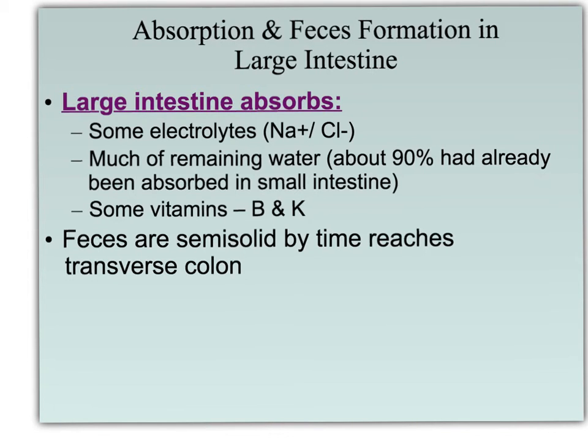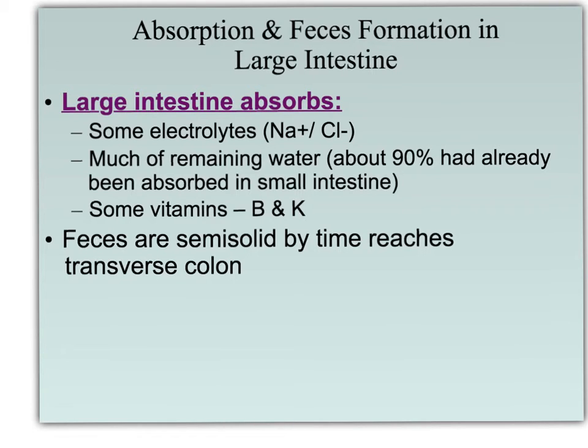Absorption in the large intestine: since most of the nutrients are gone, and when I say nutrients, I'm talking about the food part of the substances, the glucose, the proteins, the amino acids, all that kind of stuff, by this time almost all of that's gone.